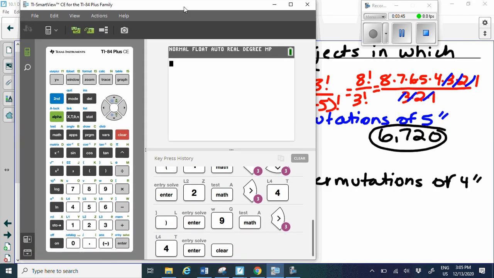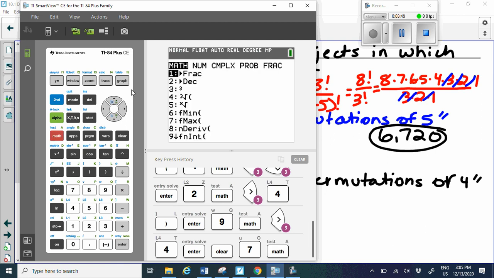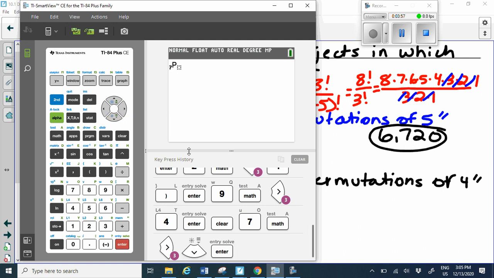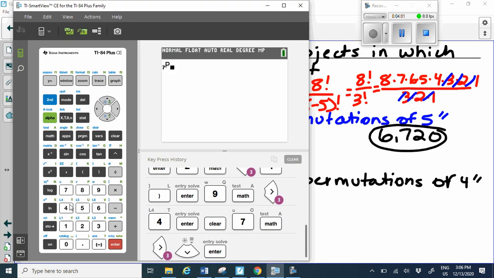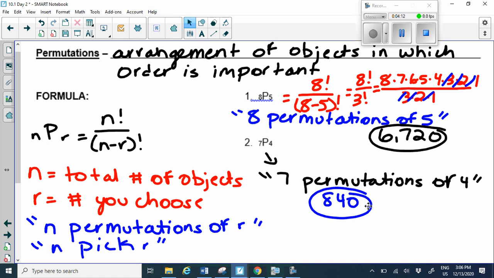So we have 7PR. I need to put the number 7 first. I'm going to go to the math button again and go over to prob. Now notice number 2 is going to be our NPR. So I'm going to go down to that one, press enter, and then use 4 and press enter. And that gives us 840. And that'll be your answer.